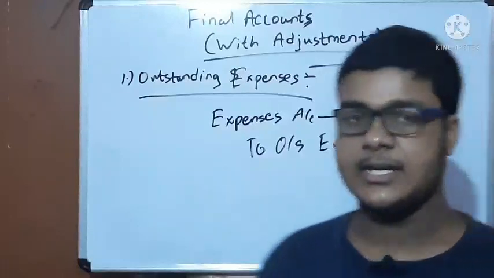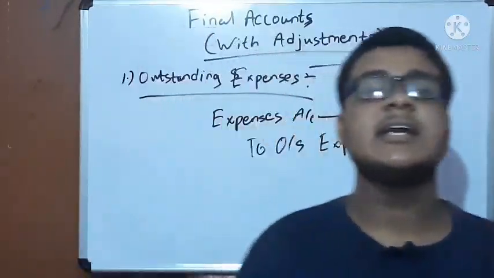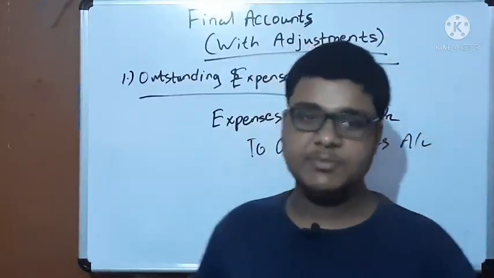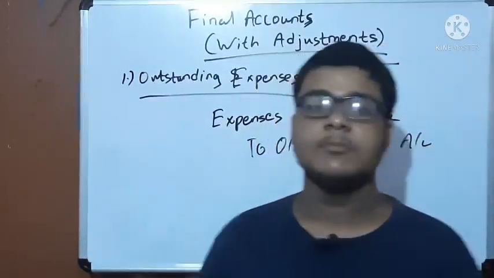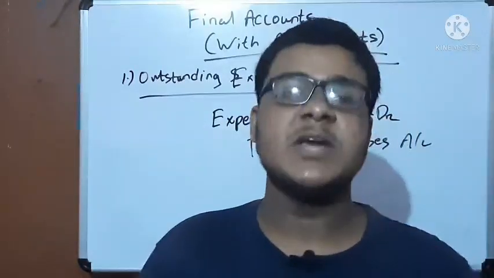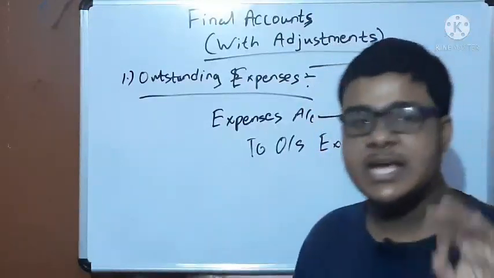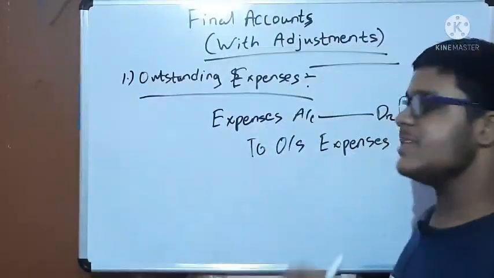But why is it credited? The outstanding expenses account is credited because it is a liability for the current accounting period. When the amount relating to this outstanding expense is paid, it becomes the actual expense. But for the current accounting period, it is outstanding expenses.